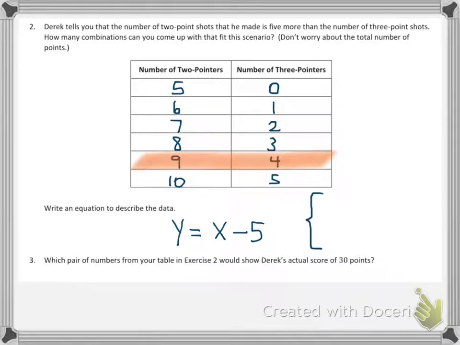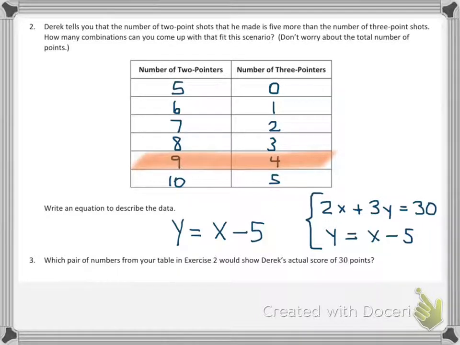And remember, the first one was 2 points for every 2-point basket plus 3 points for every 3-point basket was equal to 30. And then the second equation is y, that's the number of 3-point baskets, is 5 less than the number of 2-point baskets, or x minus 5. Okay, this is a system of equations or simultaneous equations.